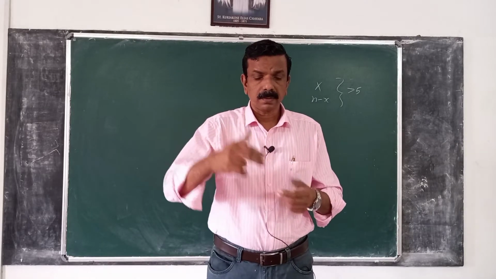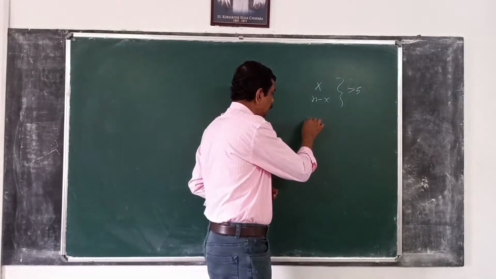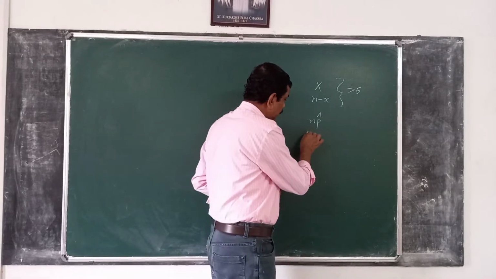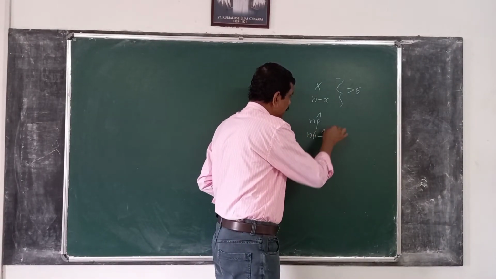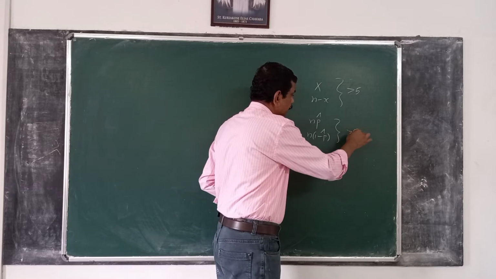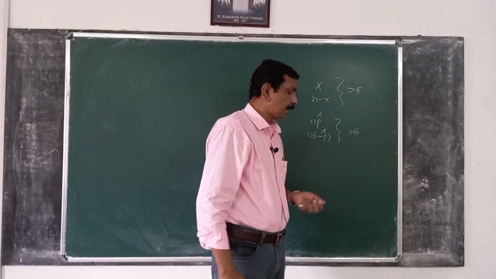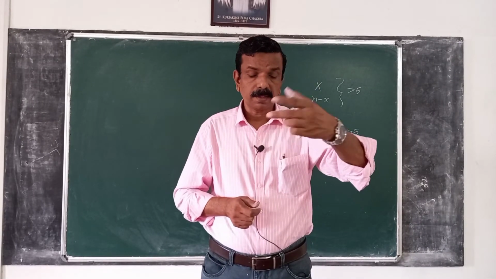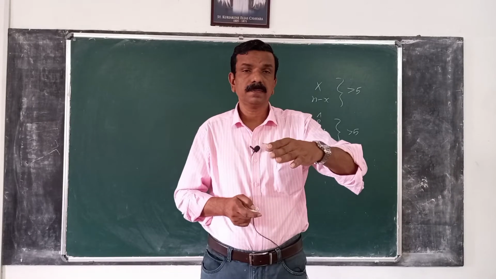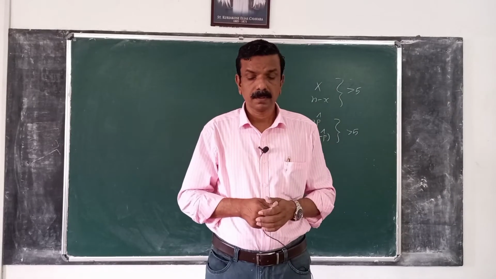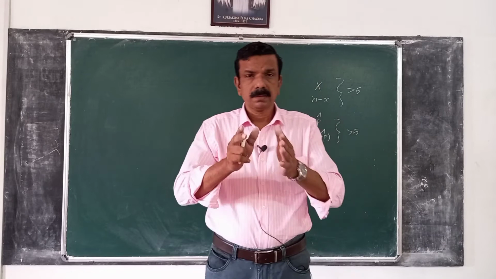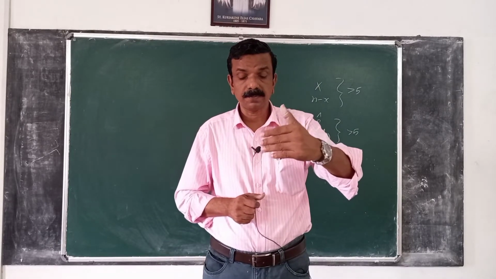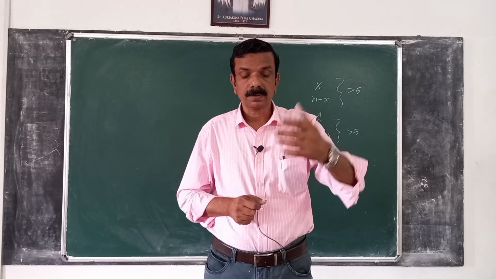This condition can also be stated as n into p hat and n into 1 minus p hat both 5 or greater than 5, which for an unknown p corresponds to the rule of thumb for using normal approximation.